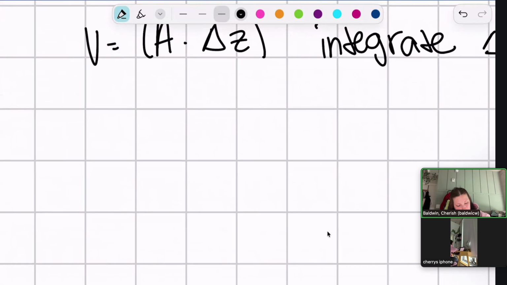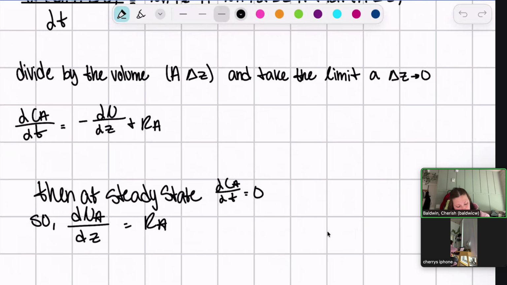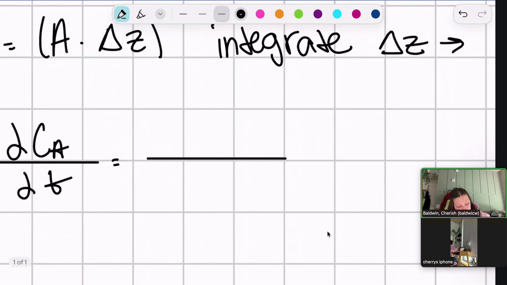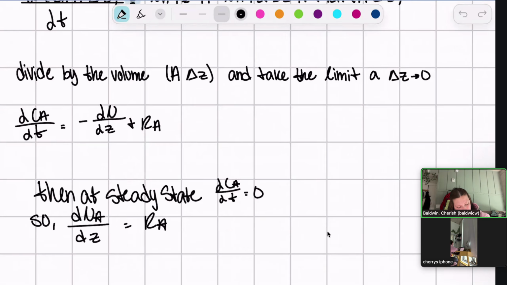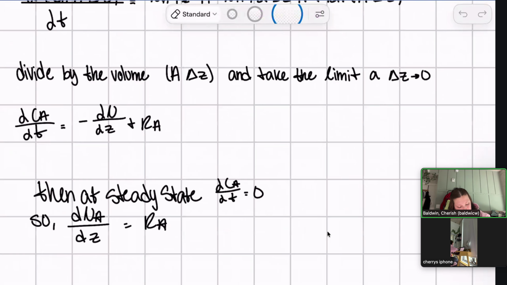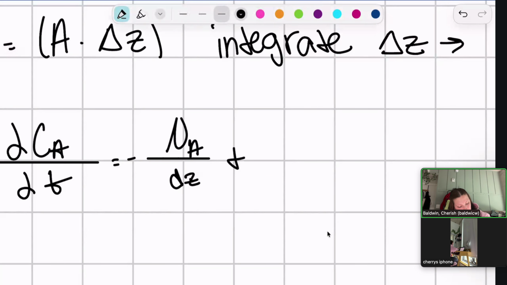That leaves us with the change in concentration of A over time equal to the molar flux of A divided by delta Z, plus RA.